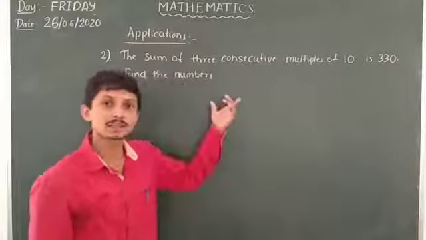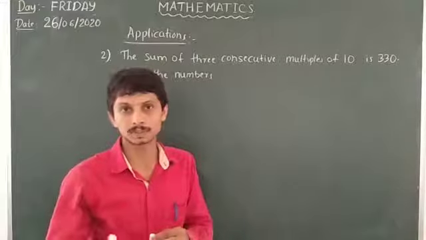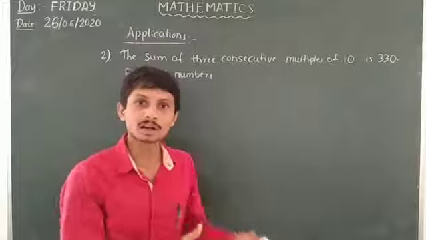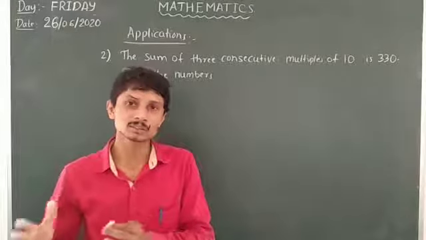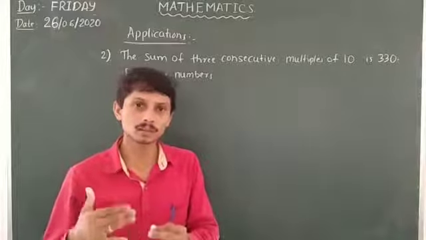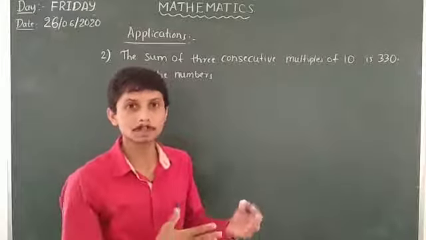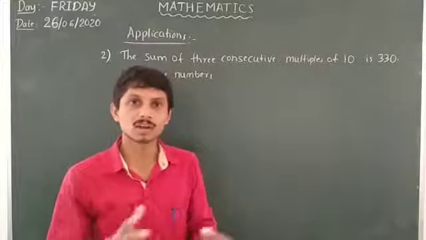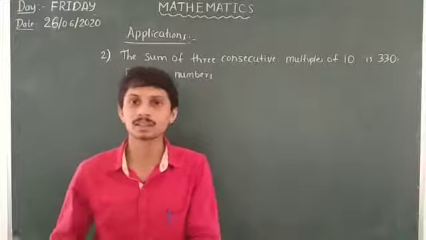Here there are consecutive terms. Consecutive means continuous numbers, like 1, 2, 3, or 10, 20, 30, or 100, 200, 300. These are continuous terms, one coming after another. So we take numbers like 10, 20, 30, or 210, 220, 230, or 310, 320, 330.